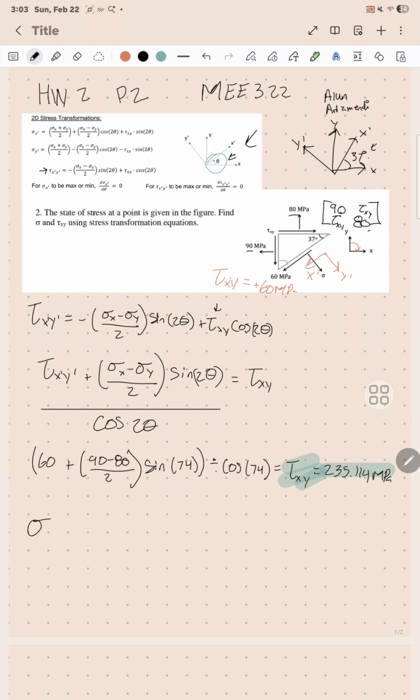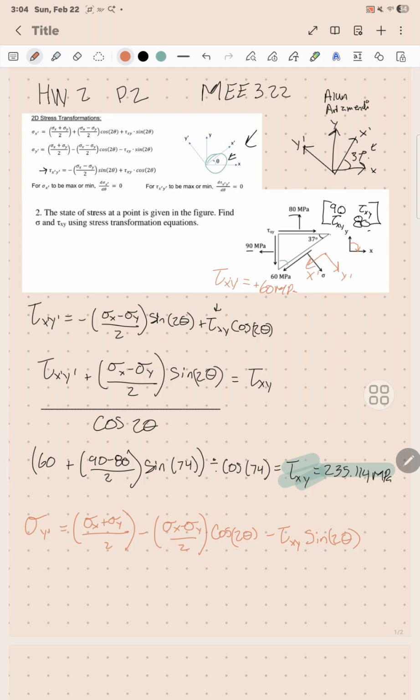So I end up with sigma y prime, which is what we're looking for, is equal to sigma x plus sigma y over 2 minus sigma x minus sigma y over 2 cosine of 2 theta minus tau xy sine of 2 theta.